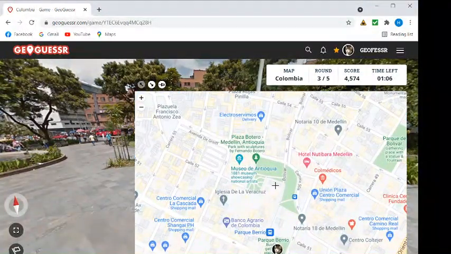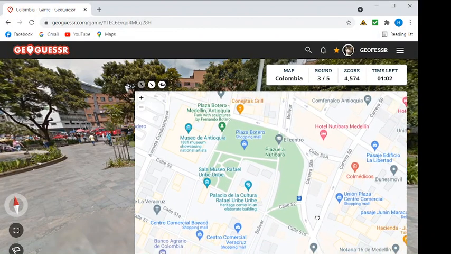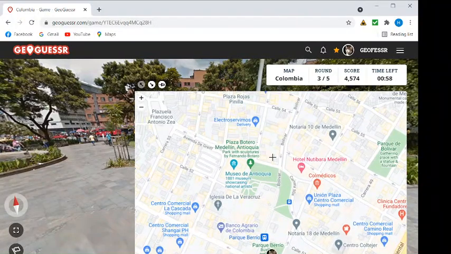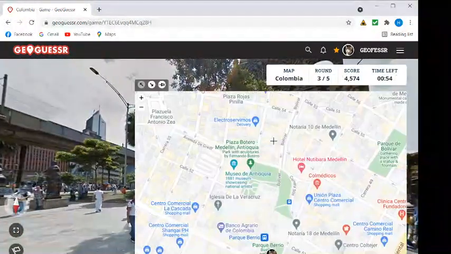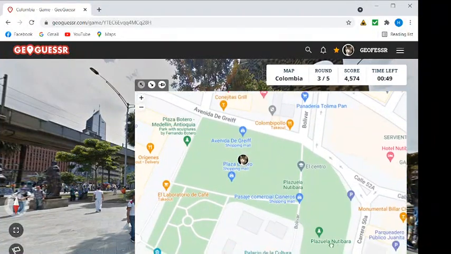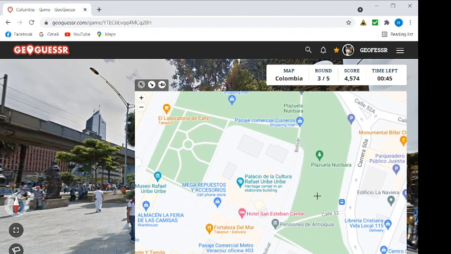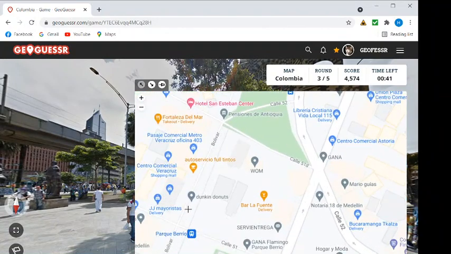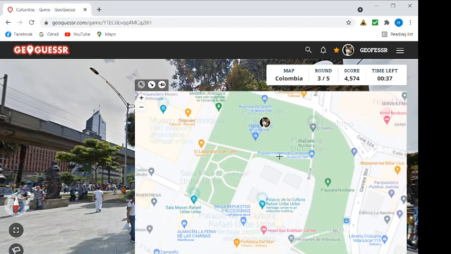Maybe we're in here. Wait, I thought I saw Nutibar there. Hotel Nutibara. Yeah, there it was. So maybe we're in this Plazuela Nutibara. Okay, there's Parque Berrio.